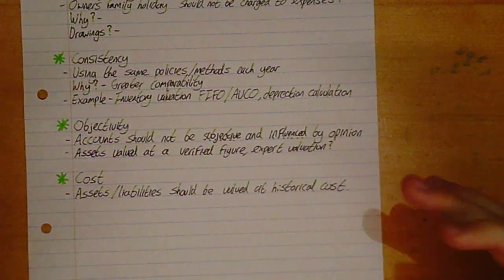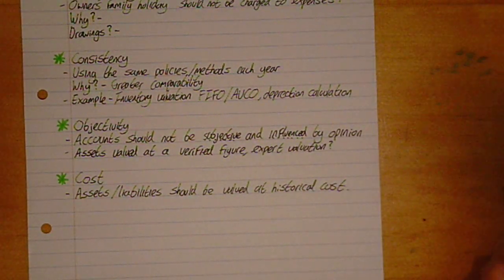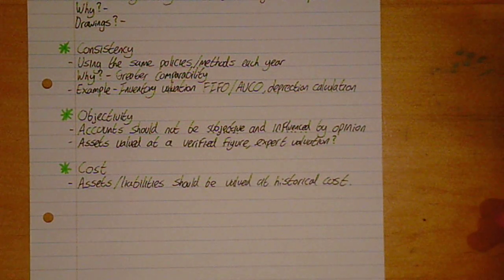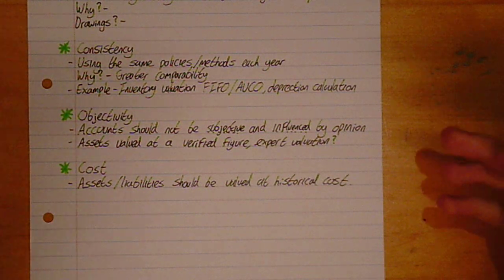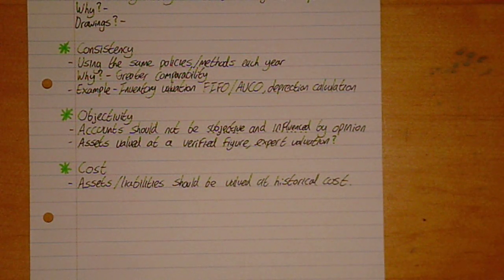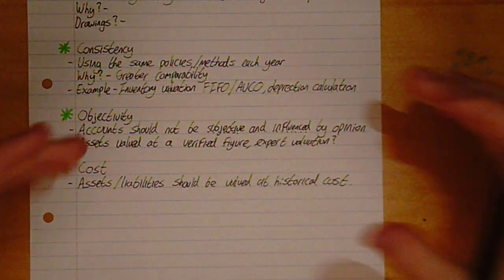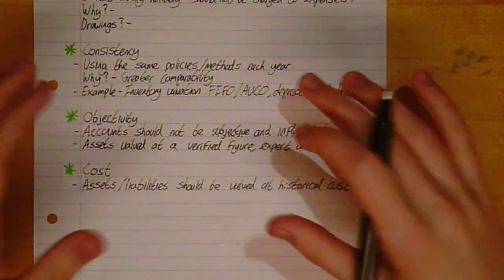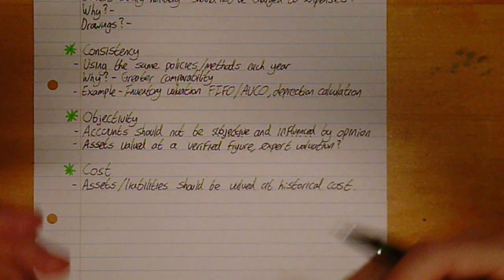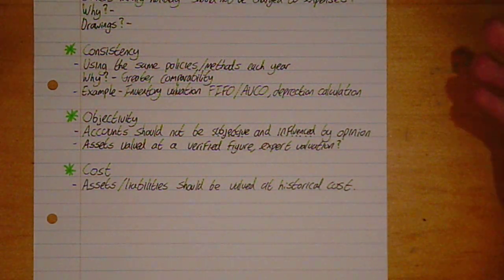So if an asset is valued by, say, an expert, say if you get one of your buildings valued by an expert in that field, use that value. Don't make up a value. So, for example, take a betting company. Say a football team are 4-1 to win a football match; they'll work that out with a formula. A formula will work out what the odds are.